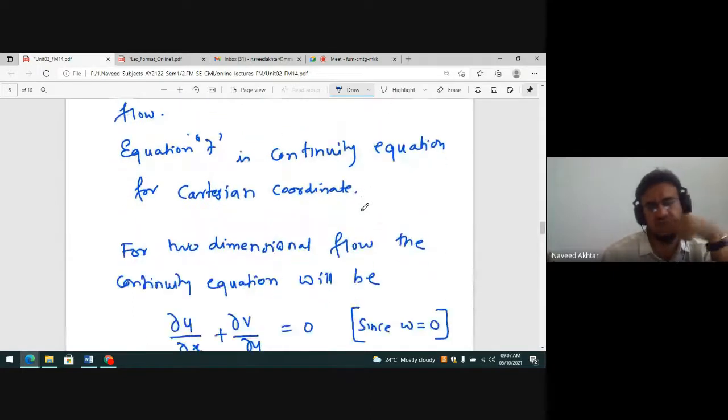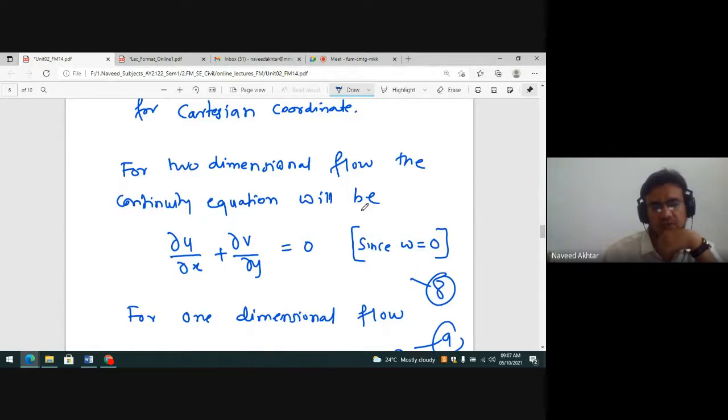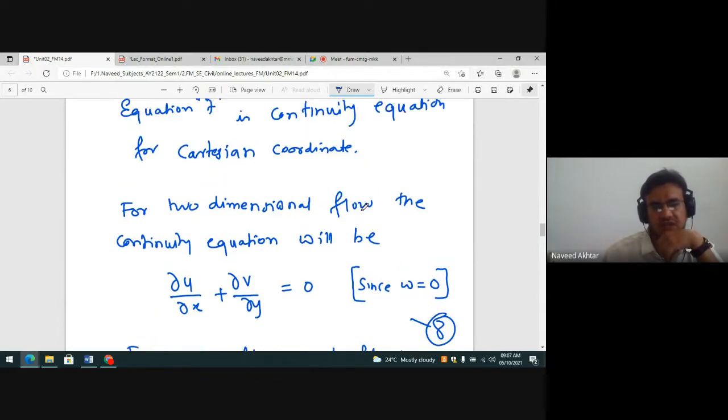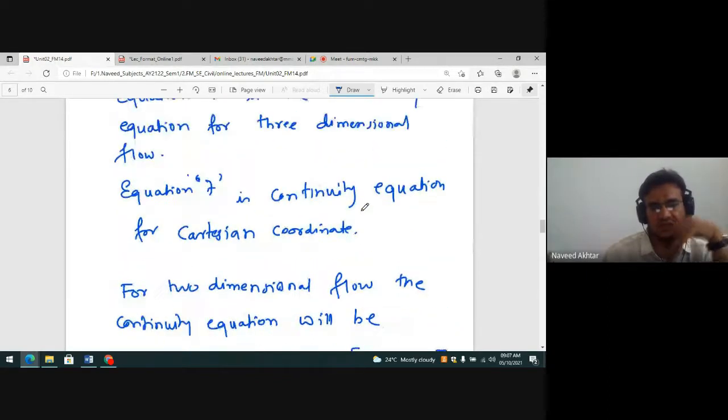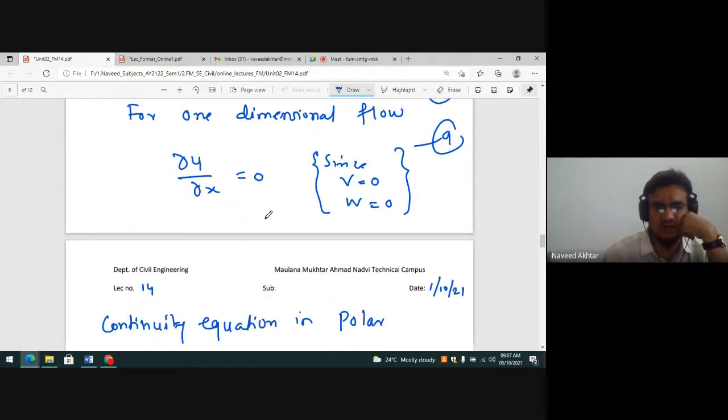So this equation we have arrived at, and then for two-dimensional flow, where another dimension is not considered, that is dou rho u by dou x plus dou rho v by dou y is equal to 0, since we are assuming w is equal to 0. For one-dimensional flow, the v and w components we are considering 0. The flow is in the x direction, then it is dou u by dou x.